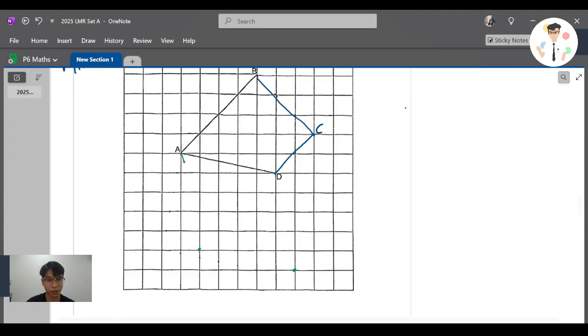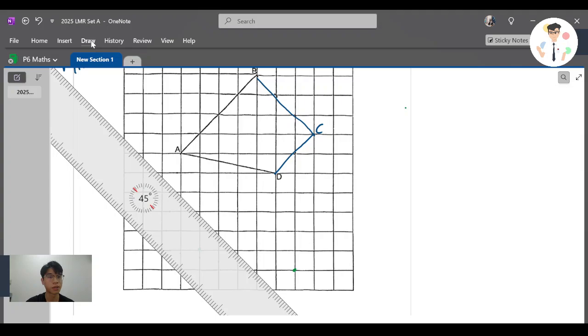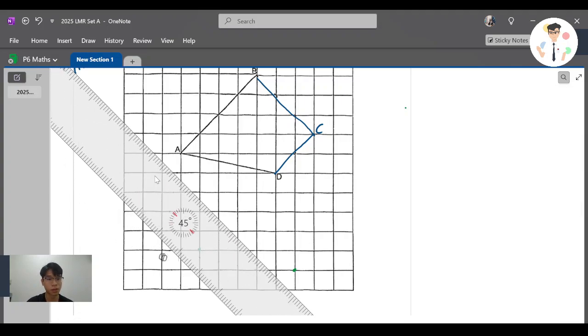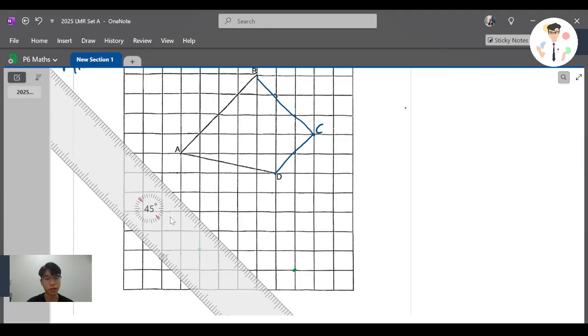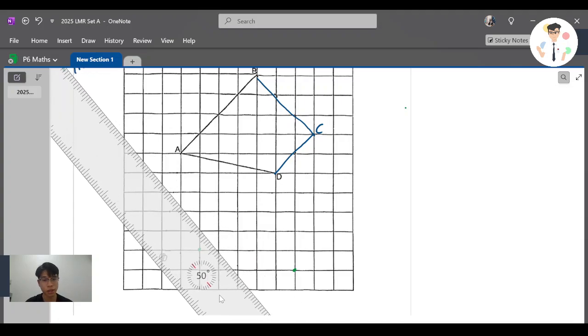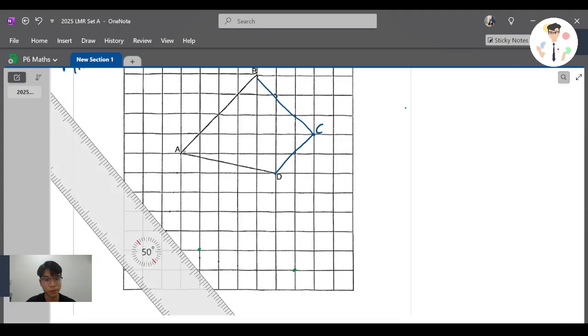I can't use a ruler here. Can I use a ruler here? No, this is for measurement. Hey, draw a line. Oh yeah, I can use this. Okay, let me just try this out. I'm not really sure how to use this, but it's okay. Yeah, something like this. You know what I meant.